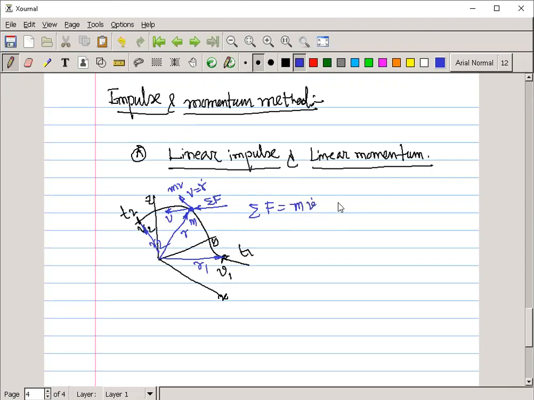Acceleration means velocity rate, so m into v dot, which we can write as d/dt, the time derivative of velocity, right? And remember, in the linear impulse and linear momentum technique, this mv is nothing but your G, so we can write d/dt of G. So G is the linear momentum.